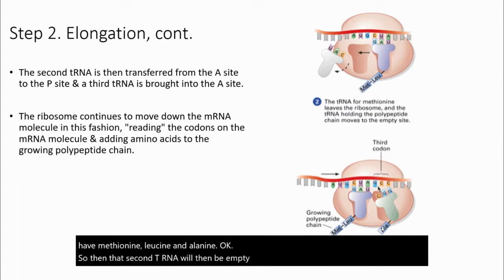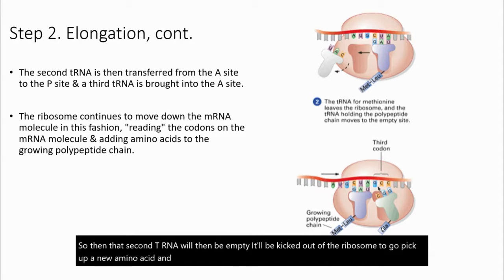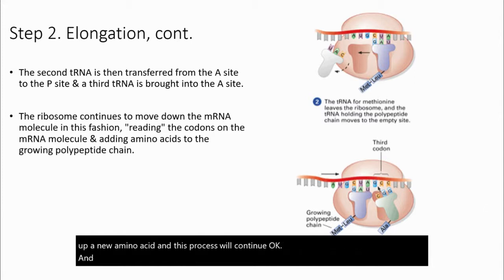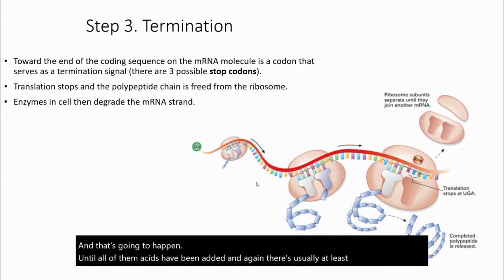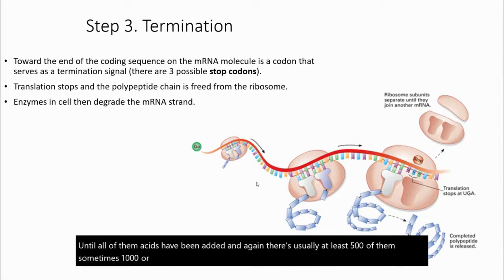It'll be kicked out of the ribosome to go pick up a new amino acid, and this process will continue until all of the amino acids have been added. And again, there's usually at least 500 of them, sometimes 1,000 or so. So this is going to keep going.